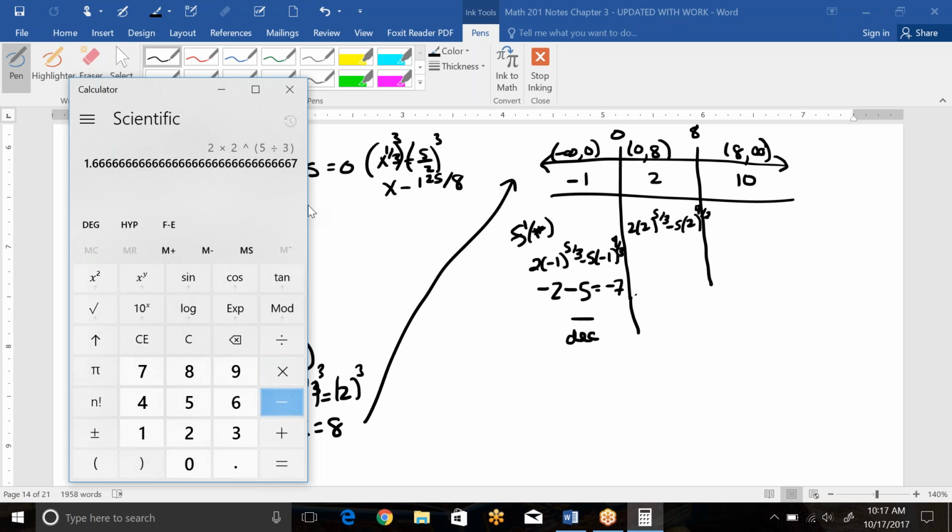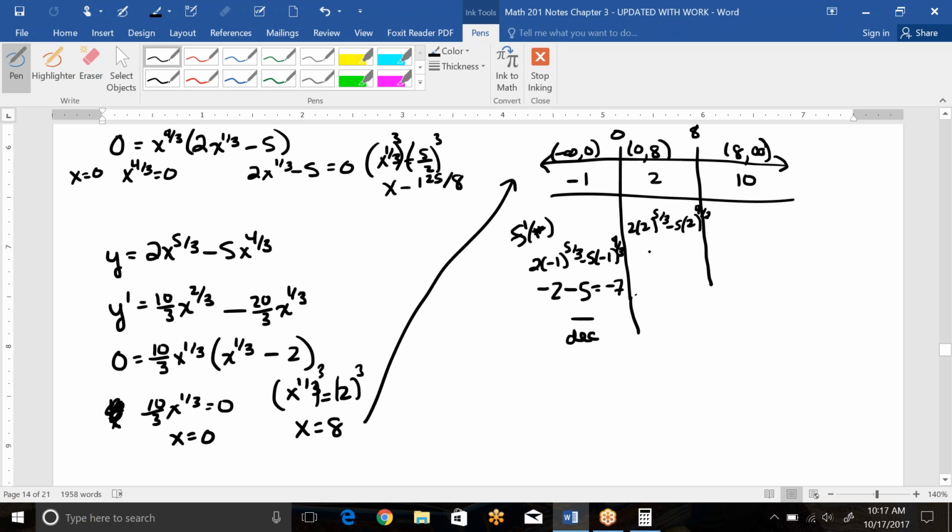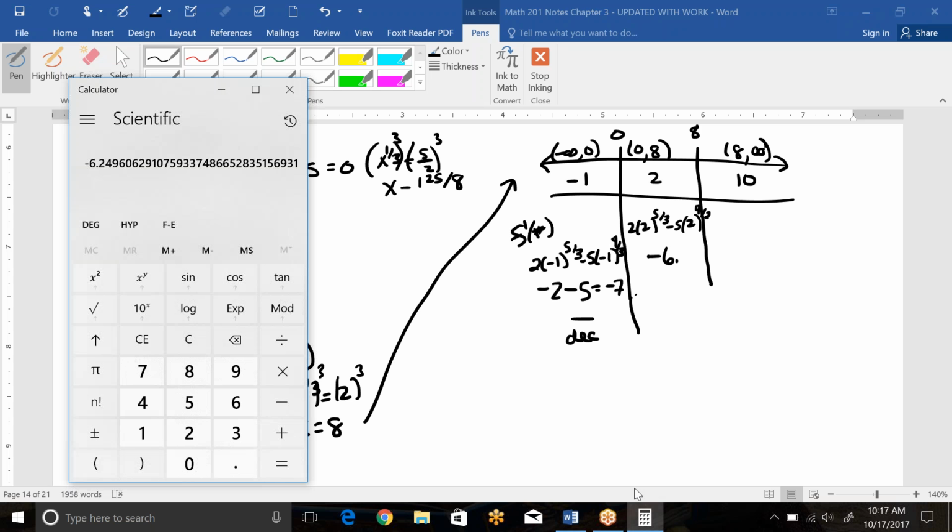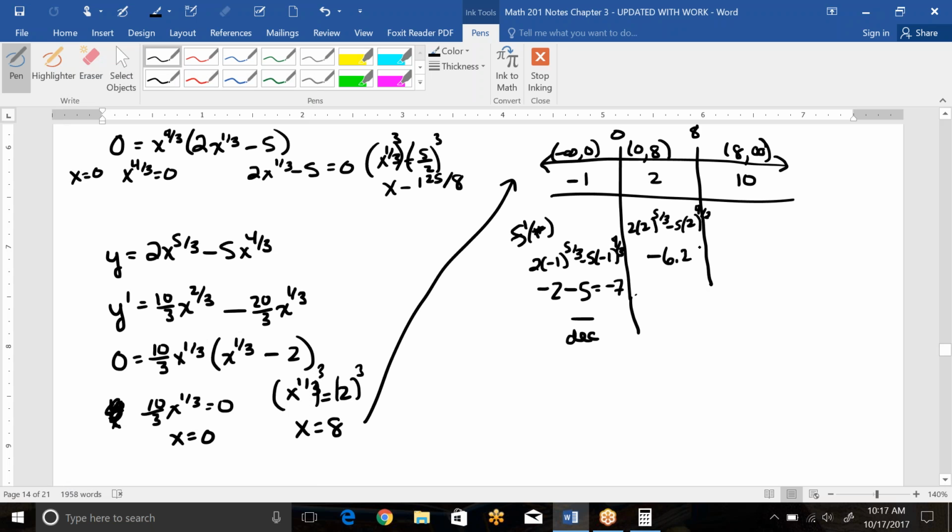And then minus 5 times 2 to the 4/3 power. Getting negative 6 point something. Was it negative 6.25? Yeah. So that makes that negative, which is decreasing.